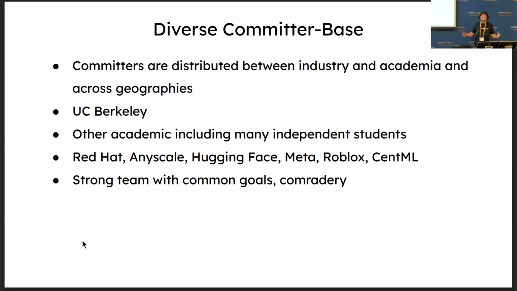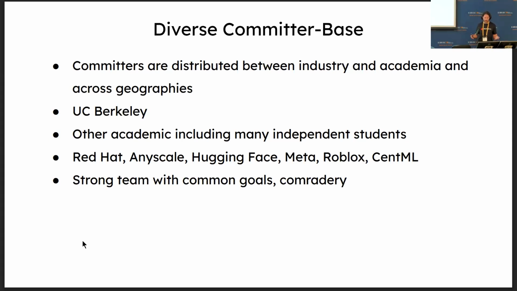And then, along with those folks, the committer base has become very diverse. There's a really good split between industry and academia. Obviously the Berkeley folks, but there are other academic institutions that contribute. A lot of them are independent students in different parts of the world. And then Red Hat are the biggest commercial organization, I guess, that contributes to the project and the maintainers.